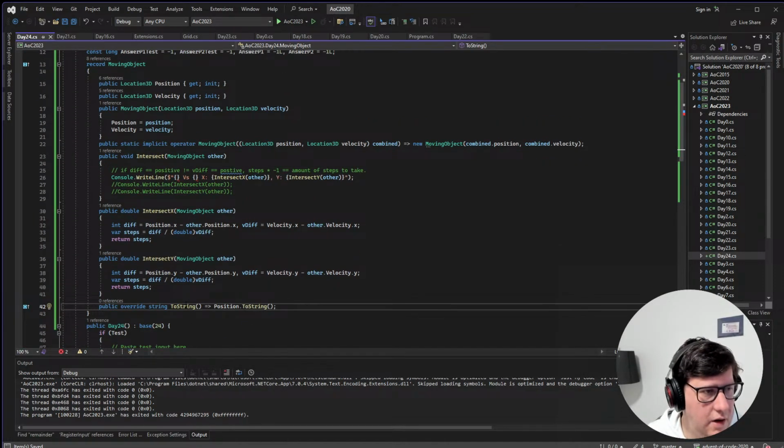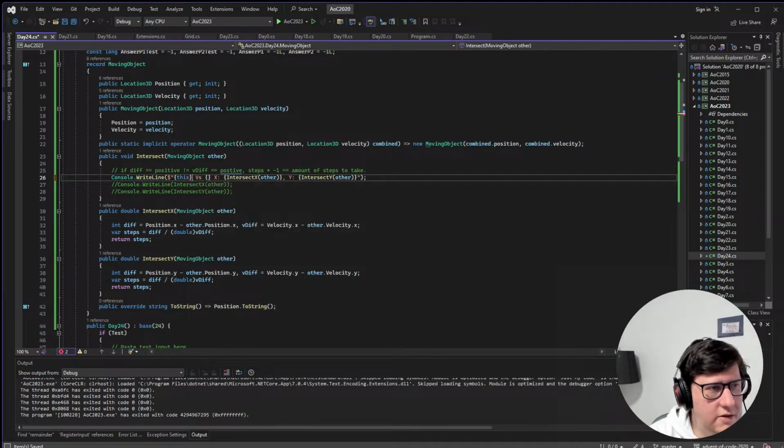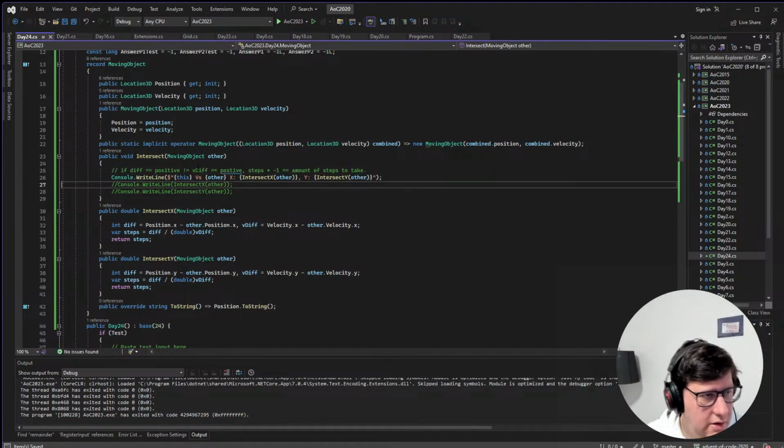This one already has an override to just give those coordinates, so I will do this versus other, like this.